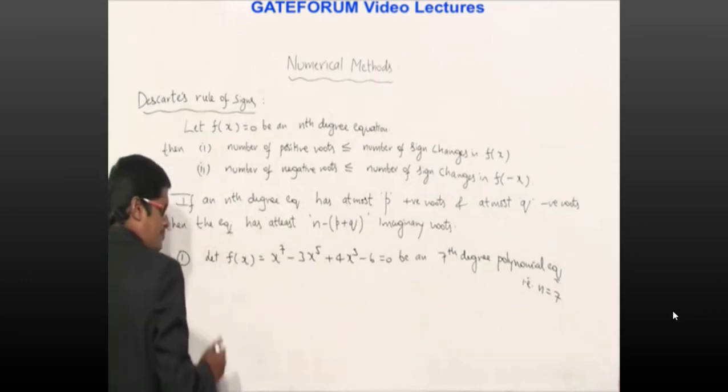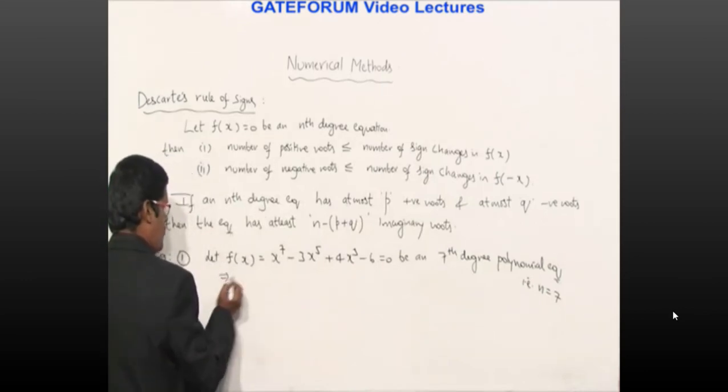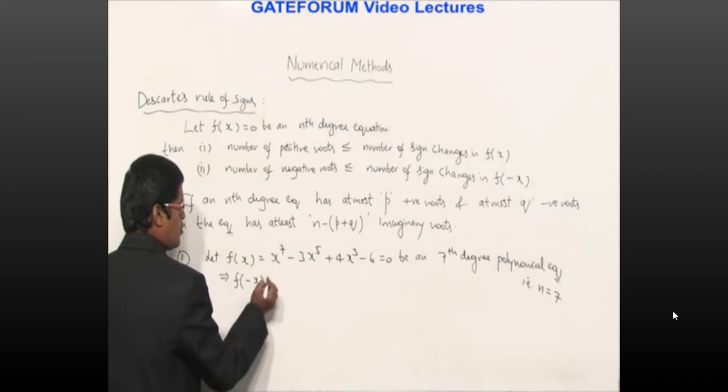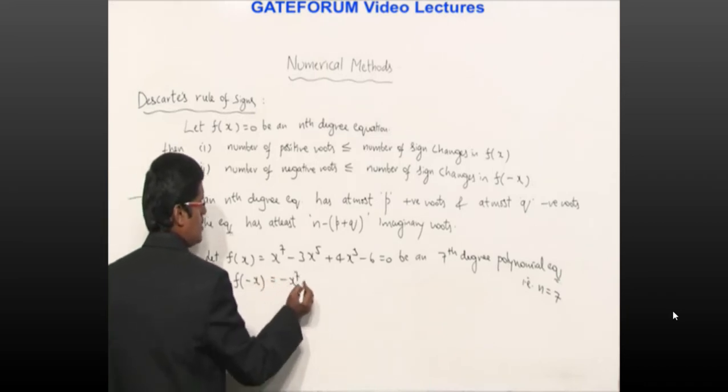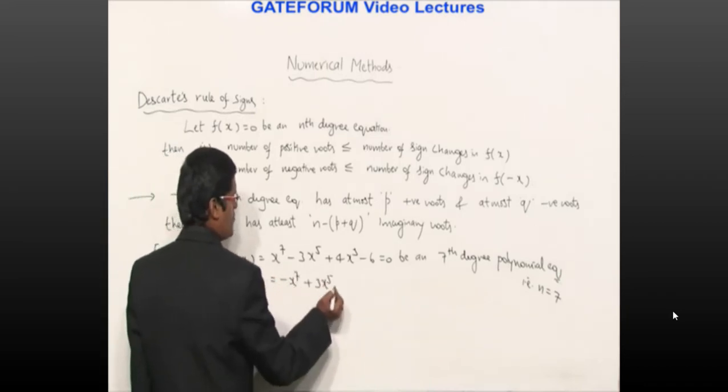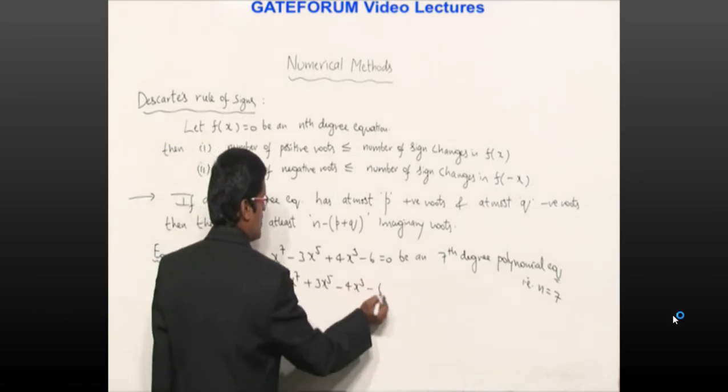Okay. Now f(-x), substitute x equal to -x: -x^7 + 3x^5 - 4x^3 - 6.